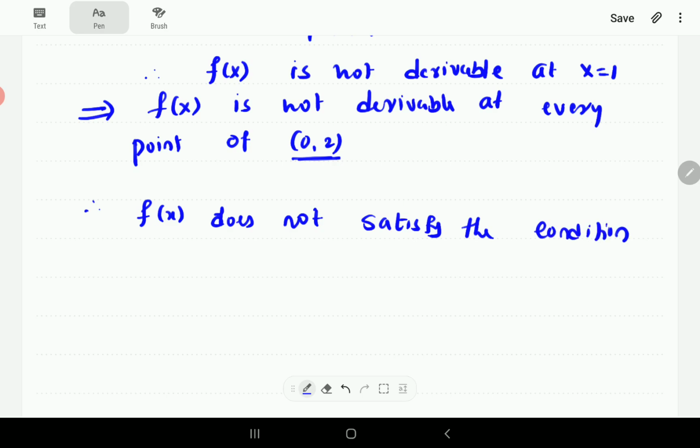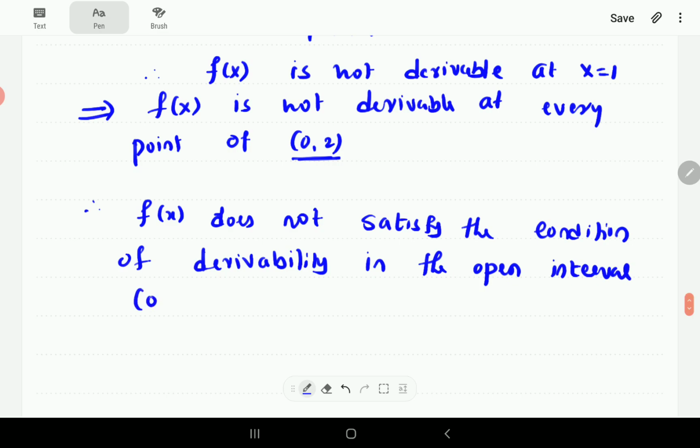The second condition itself is not satisfied, the condition of derivability in the open interval 0 comma 2.